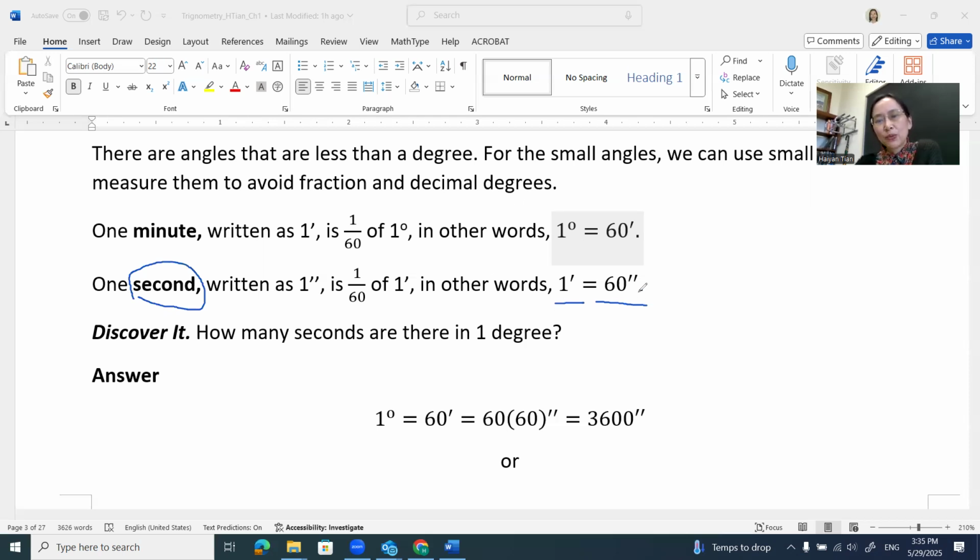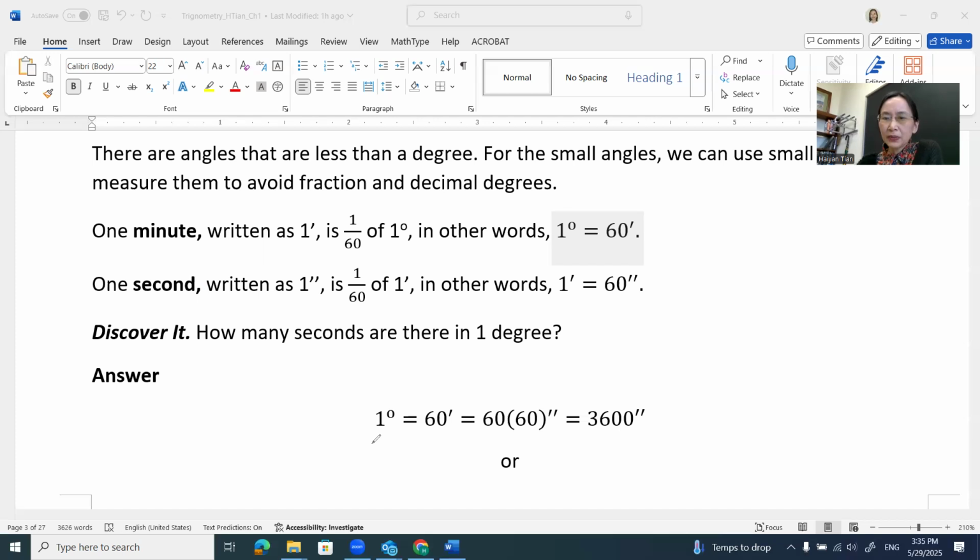So that means 1 second is 1/60th of a minute, just like a minute is 1/60th of a degree. So now we have defined two units. One is called minute. One is called second.